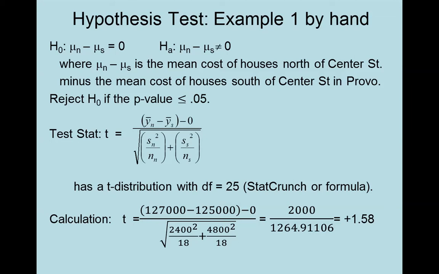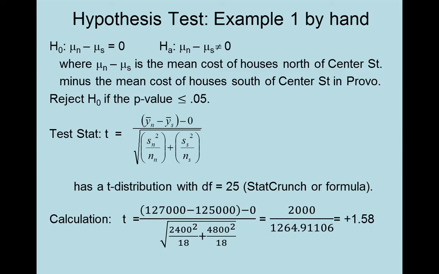So this is a two-tailed test. Is there a difference? We're not specifying whether houses north of Center Street are more expensive. We're just saying, are they different? Under the null, we'd say no, they're the same. So mu sub n minus mu sub s, if they're the same and you subtract them, you would get 0.